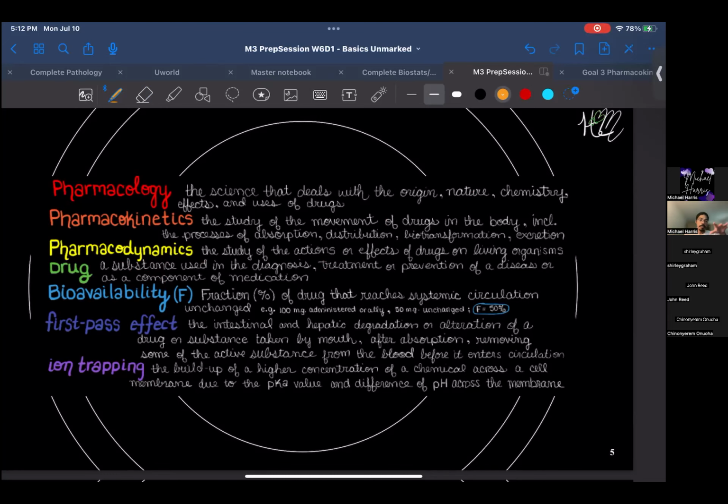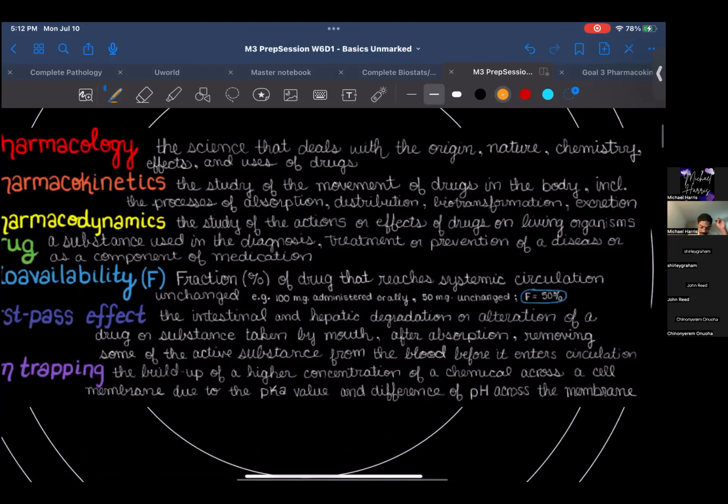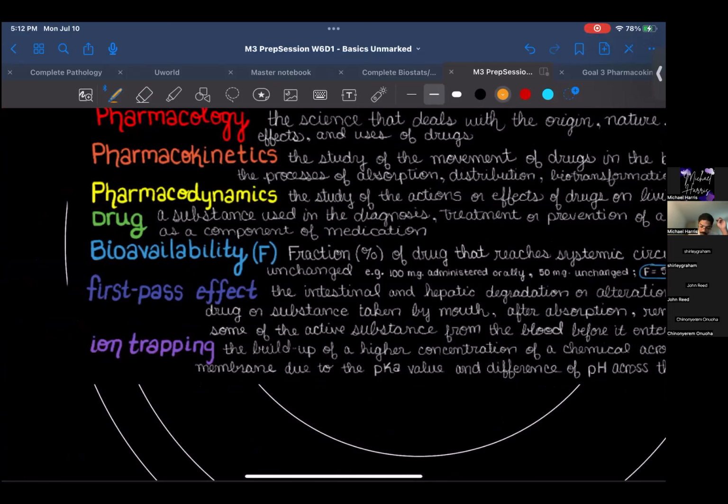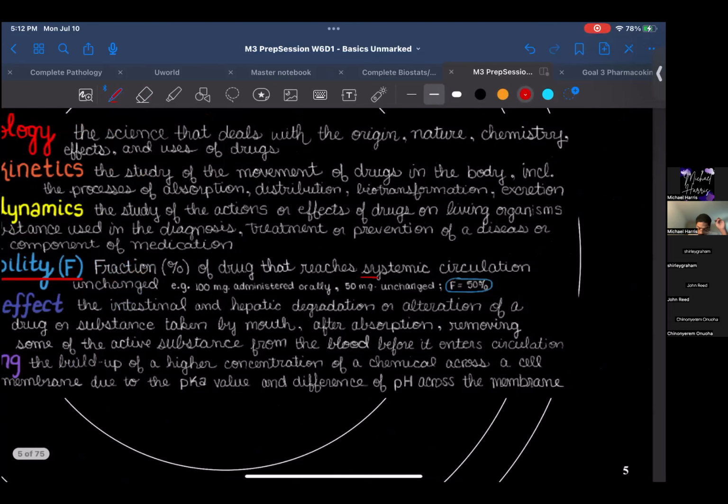Now, bioavailability is literally how much of the drug is absorbed into the systemic circulation. So for instance, let me give you an example. If you take an oral drug, that oral drug may not 100% get absorbed by the intestine.